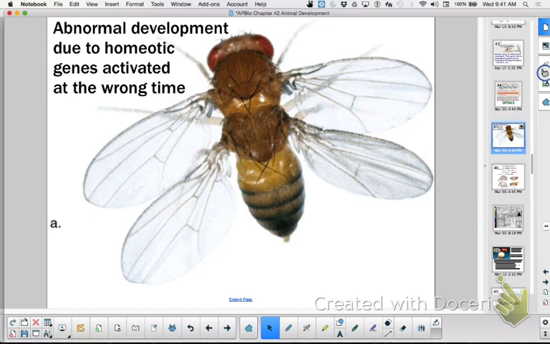So what they did here, in this part you don't need to know, but they're called imaginal discs. Remember those somites I showed you about in vertebrates that directed development of our muscles and bones? In insects, they have these things called imaginal discs, which are going to develop into antenna or legs. And so what they did is they moved some around. They took imaginal discs from one and they doubled them up right here.